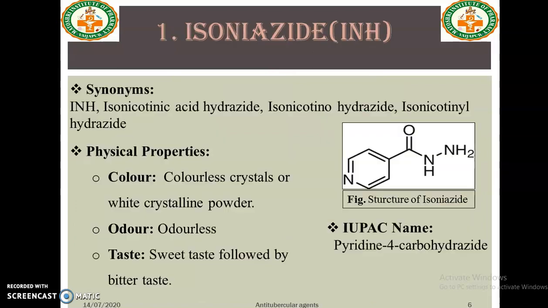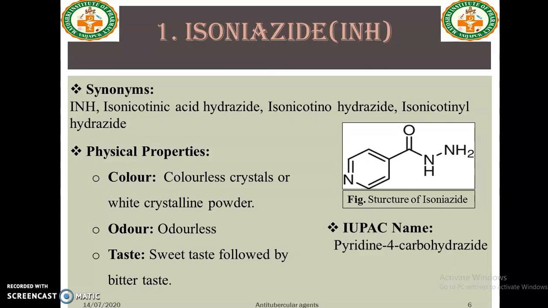So now let's see the examples in detail. The first example that we are going to study is isoniazid. Synonyms for isoniazid are INH, isonicotinic acid hydrazide, isonicotinohydrazide, isonicotinyl hydrazide. It is known by its IUPAC name pyridine 4-carbohydrazide.